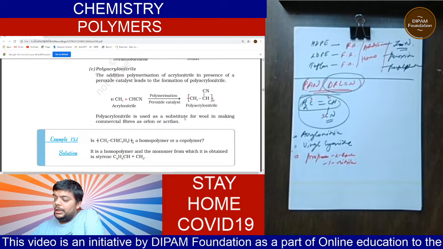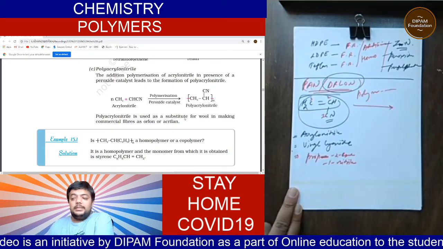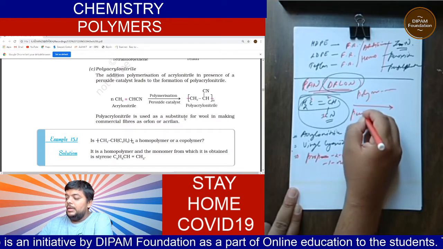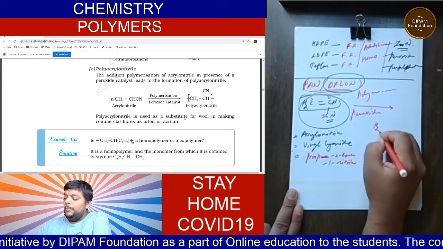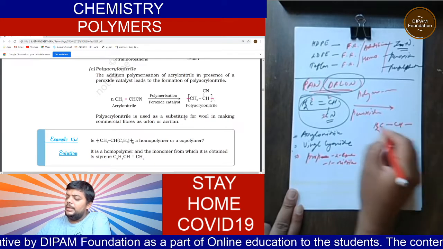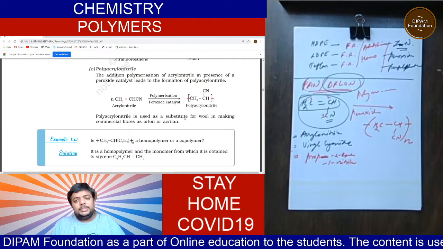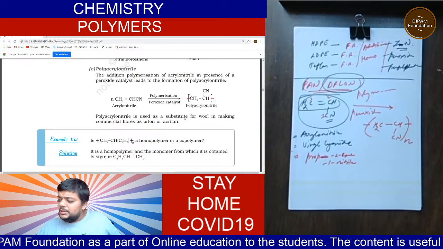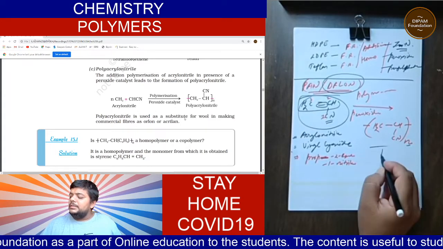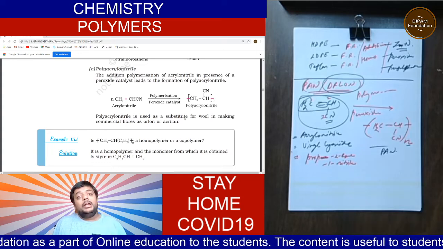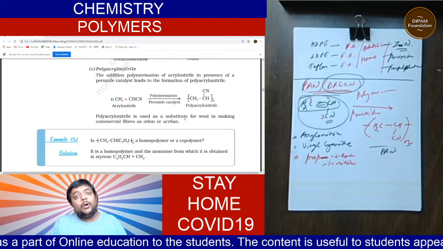It undergoes again a polymerization reaction. When it undergoes a polymerization reaction in presence of a peroxide, you will get a very popular product. It is very simple. You are just breaking this pi bond and elongating both sides, and this is your polyacrylonitrile, Orlon, PAN product, that is a polymer.